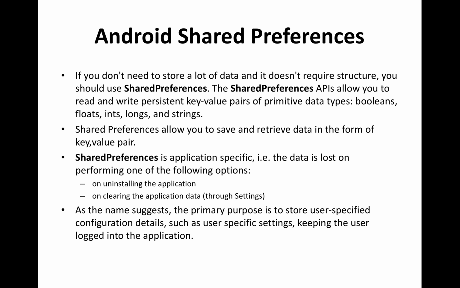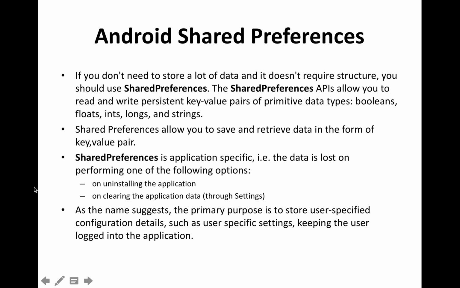The data is lost on the following actions: when the application is uninstalled, shared preference data will be removed, and when the application data is cleared, shared preference data will be cleared.